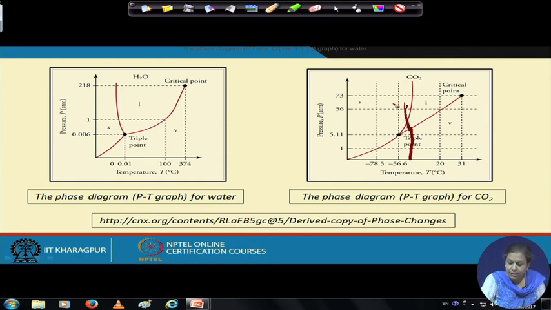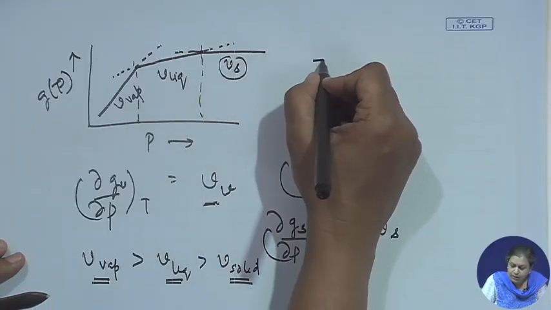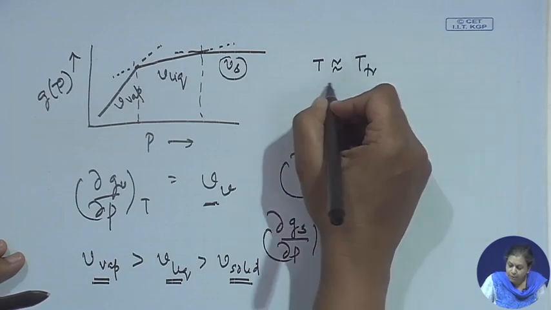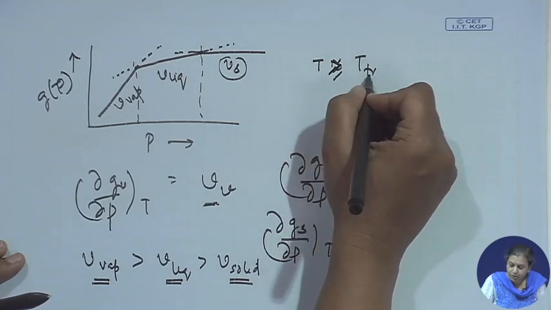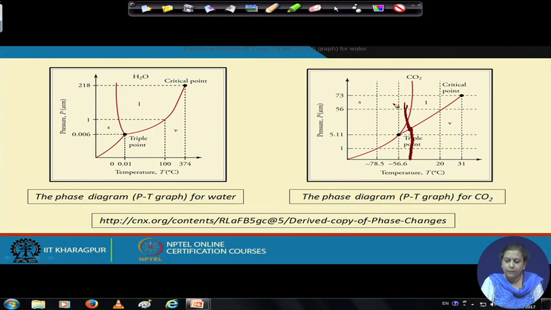So this graph has been drawn for a condition where T is close to the triple point, but greater than the triple point, and far removed from the critical point. Do you think that the Gibbs free energy variation with pressure will have the same characteristics at constant temperature, no matter which temperature I select?